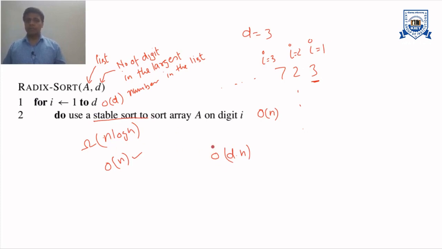And if we perform this stable sort through some other sort like merge sort, then in that case the complexity would be d times n log n. So these would be the complexities of Radix sort if we perform the stable sort through any comparison based sorting, which should be stable, or if we go for counting sort.